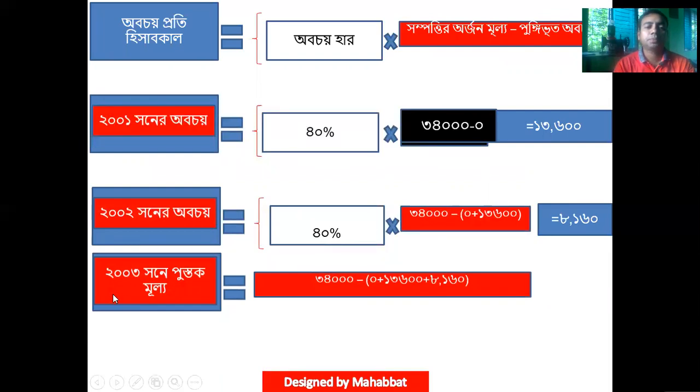So the book value at 1st January 2003 is 34,000 minus accumulated depreciation. Here accumulated depreciation is 0 plus 13,600 plus 8,160. If we deduct this amount from acquisition cost, then we will get the book value of the asset. The book value of the asset is 12,240.